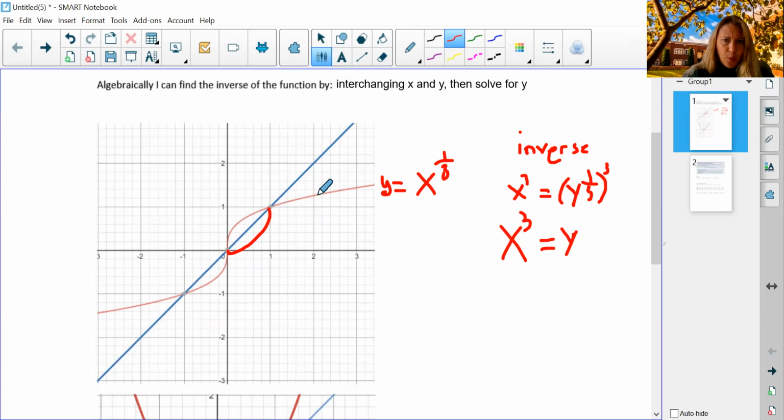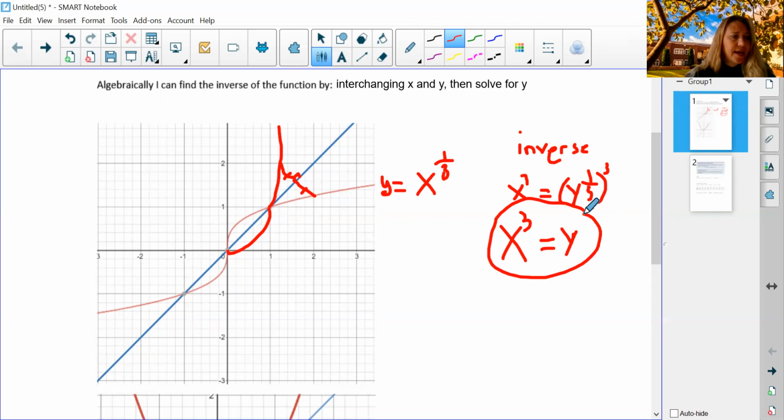Any point like this point to its image, I have to go perpendicular to the line, equal distance, like this. So this should be a right angle, and these distances should be the same. Take a minute to complete that drawing, and I hope you're able to recognize that you are in fact getting the equation y equals x cubed. That would be the inverse.